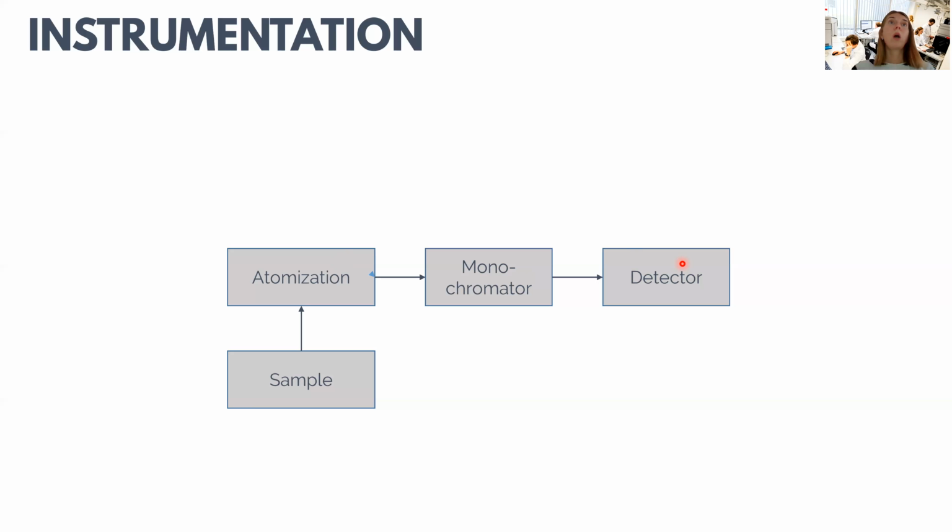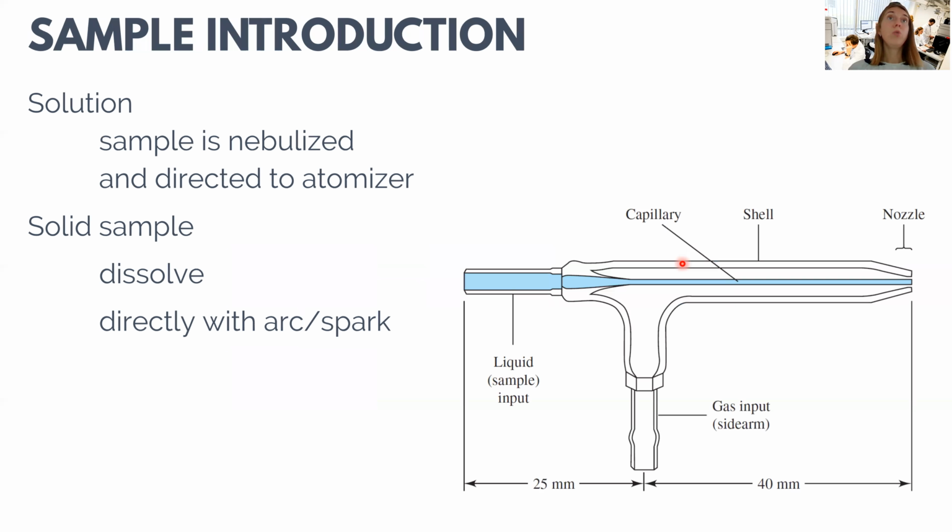So the first part that we need to do is to introduce the sample to the system. And most often we analyze samples in solution form. And in these cases, the first task is to nebulize the sample so that atomization of the element that we want to determine can start. And this is usually done with a nebulizer that is also shown here on the right-hand side.